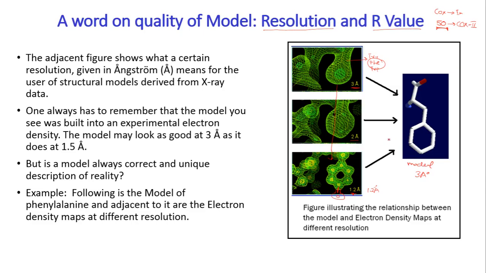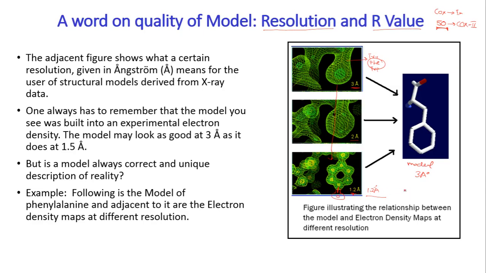One more thing I would like to explain is that the higher the value of resolution, the poorer the model. A well-resolved structure should have a lower value of resolution.